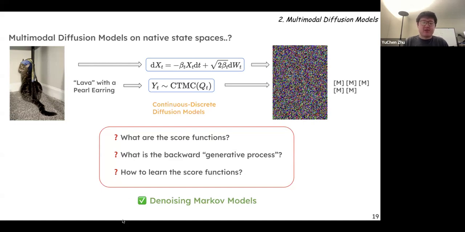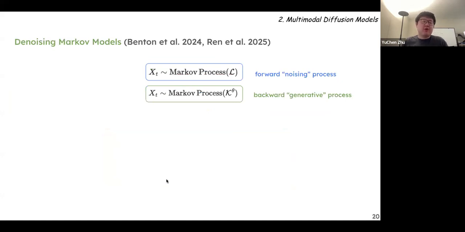The answer is to look at this theoretical framework called denoising Markov models, the framework introduced in Benton et al. in 2024. At a high level, the work suggests that instead of looking at different diffusion models on different state spaces, such as SDEs for Euclidean data, jump processes for discrete diffusion on finite state space, or manifold SDEs for Riemannian diffusions, we can just use a very abstract, very general notion of a Markov process with different generators to characterize that.